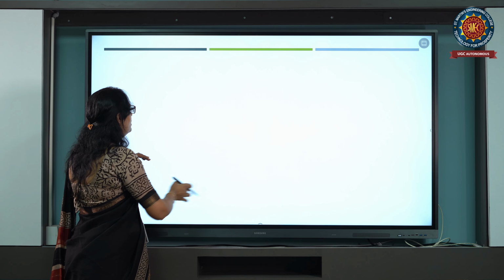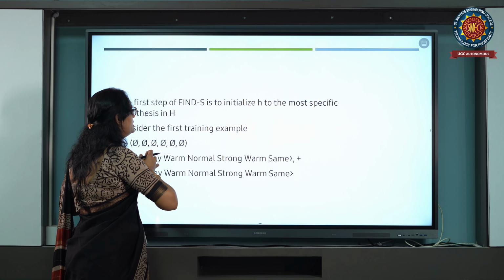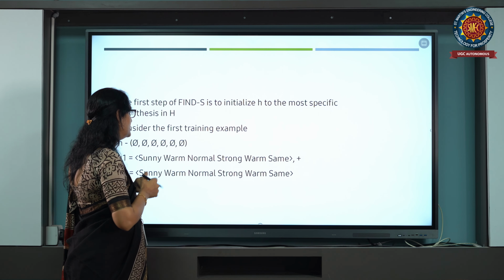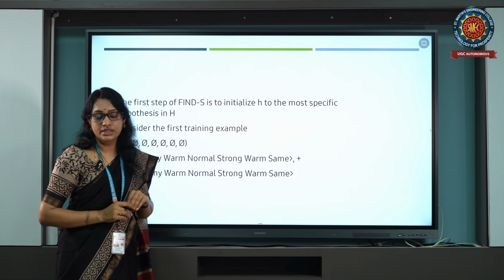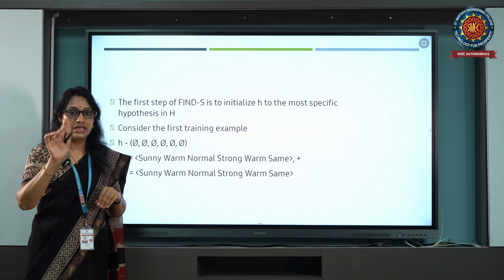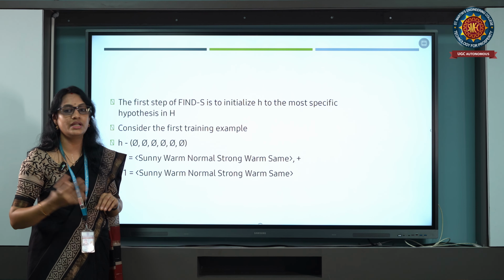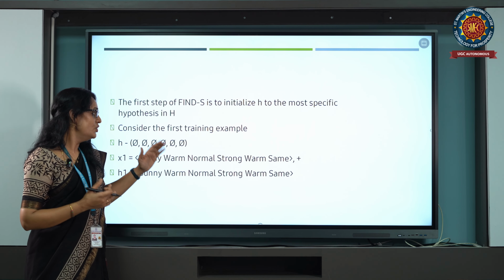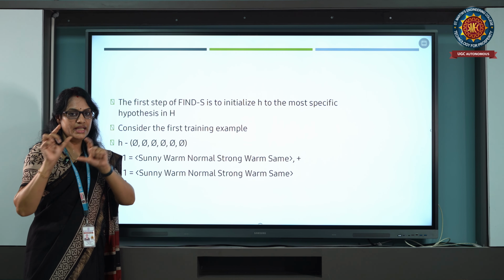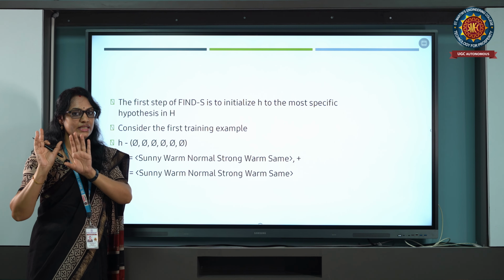Okay, let us go. Here, the first example is a positive example, and I have already told you that in Find-S algorithm, first you have to initialize with the most specific hypothesis. Why are we taking most specific and not most general? In the name Find-S, the S specifies that it is very much specific.